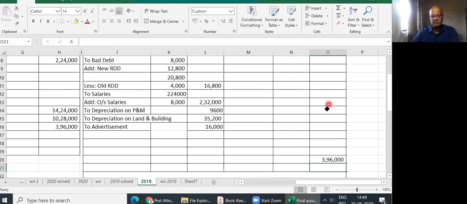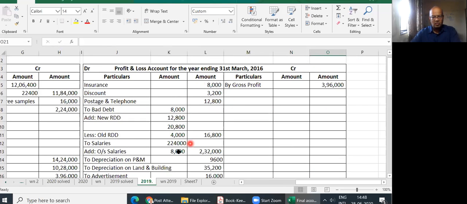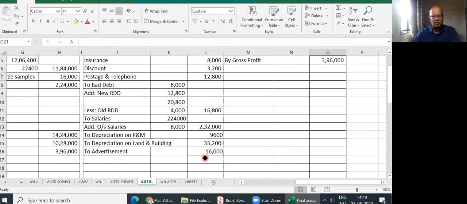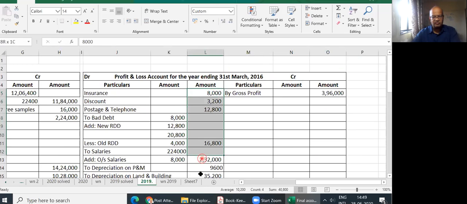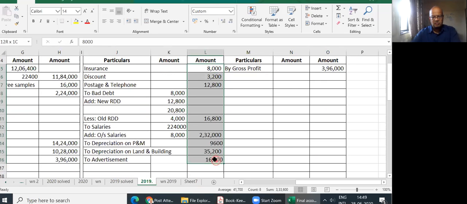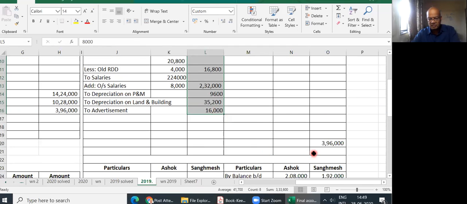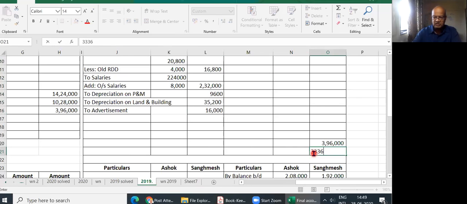No other item on the credit side. Now all this inner column is transferred to the outer column. Now we make a total of this. It is 3,33,600. Out of this total, we shall minus this.